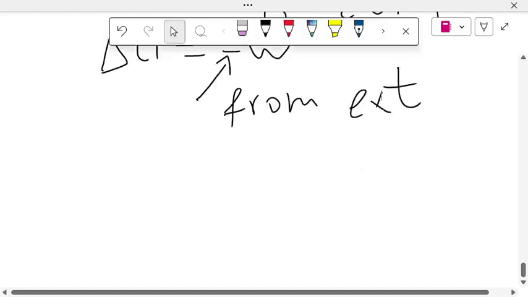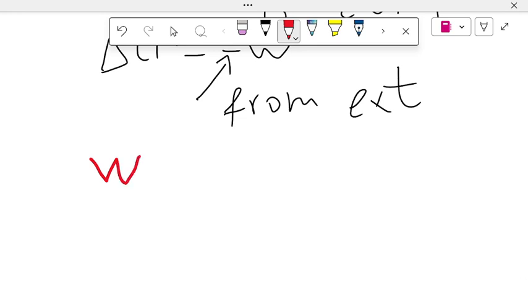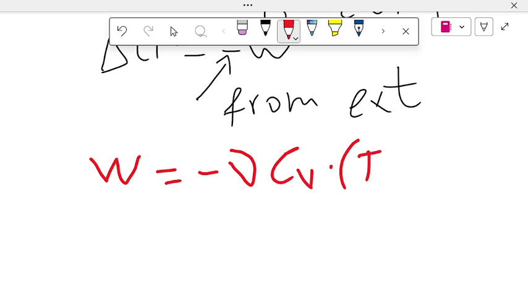So there is minus the amount of gas, specific heat for constant volume, and final temperature minus initial temperature.